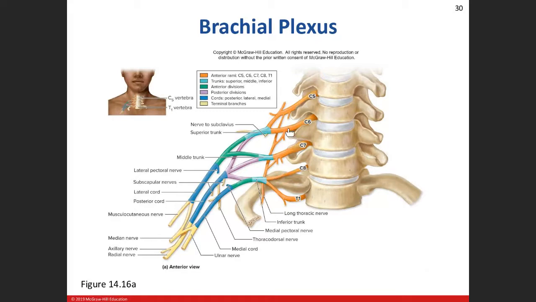C5 and C6 will form the superior trunk, C7 pretty much by itself will be the middle trunk, and then C8 and T1 will form the inferior trunk. Then they'll give off branches, and we'll start to form the anterior and posterior divisions, which will give off more branches, which will give contributions to the chords. And then from the chords, we'll get our terminal branches, which are going to be the named nerves.